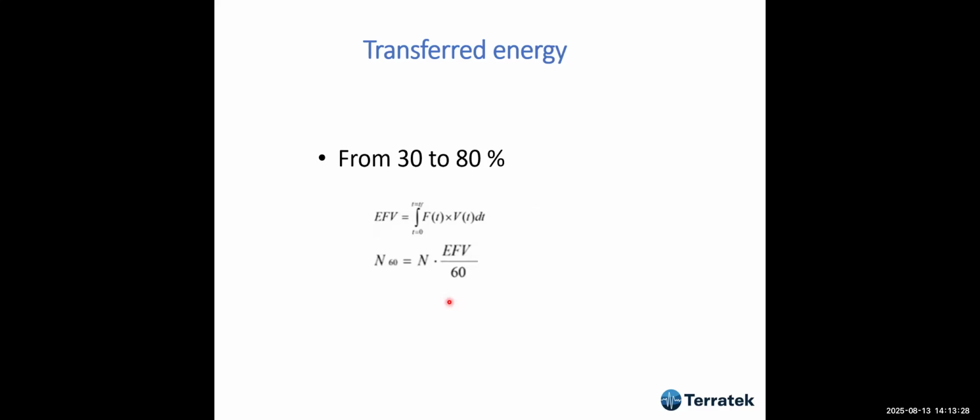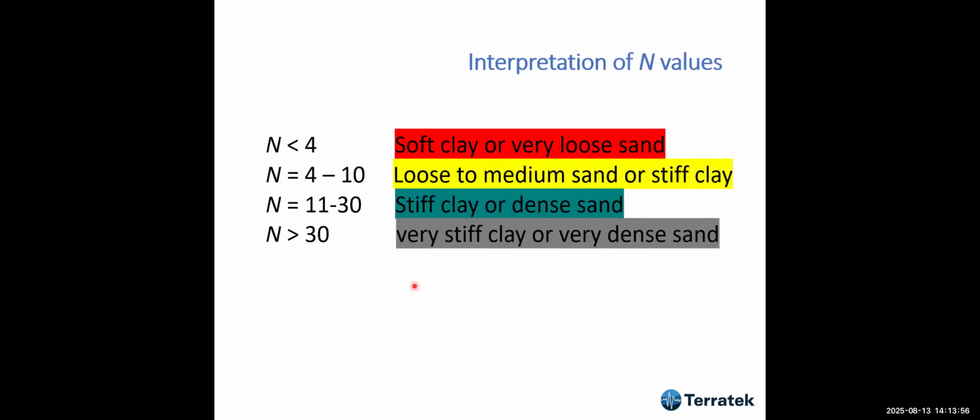It varies a lot depending on the mechanical design of the equipment, etc. And then we would be able to calibrate and adjust the energy for the N60, which is in most cases the standard, the 60% energy applied to the sampler.